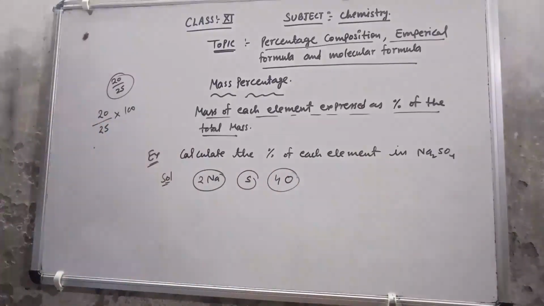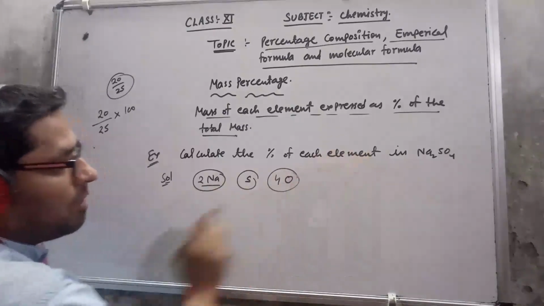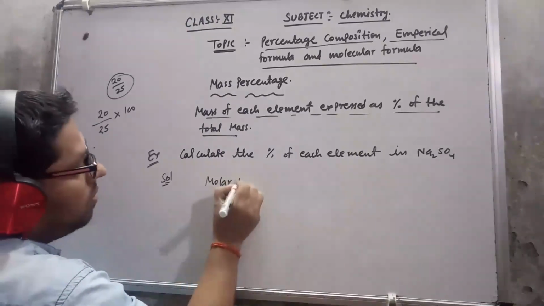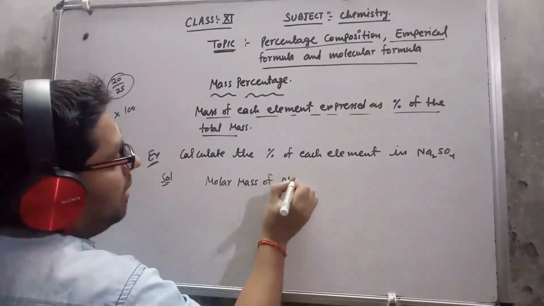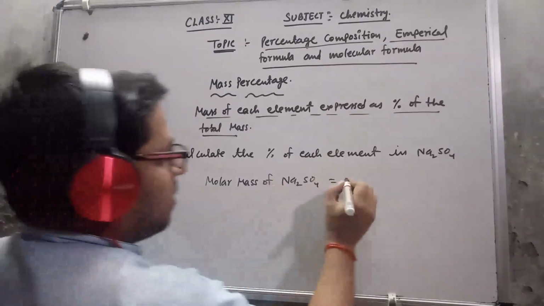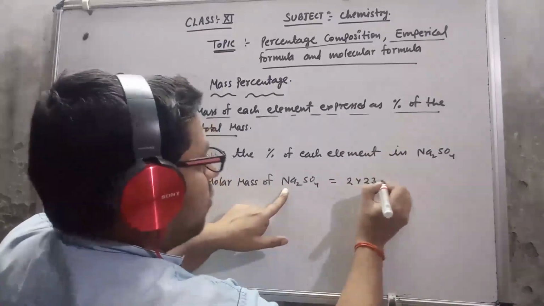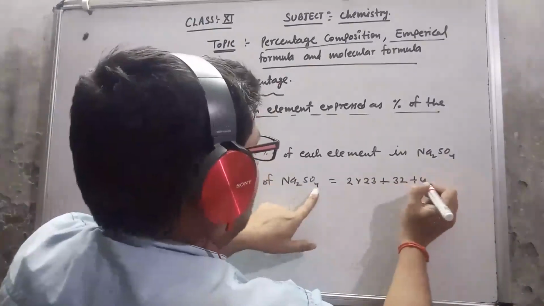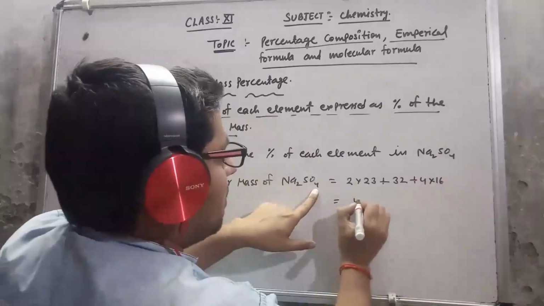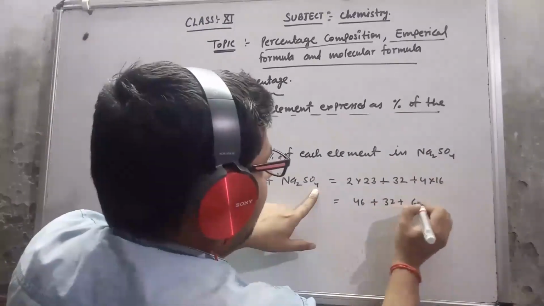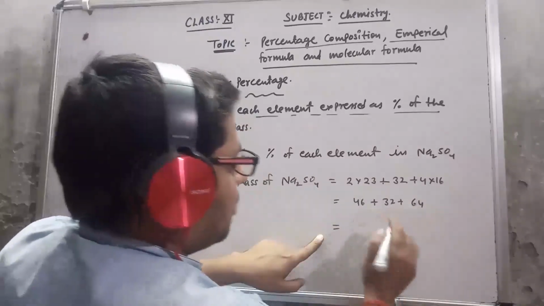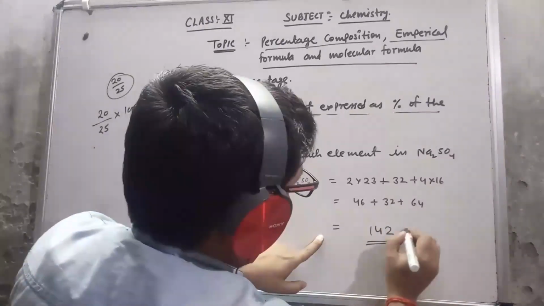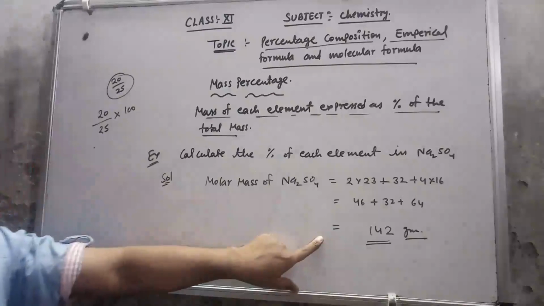The molar mass of Na2SO4 is 2 multiplied by the mass of sodium, 23, plus 32, the mass of sulfur, plus 4 multiplied by the mass of oxygen, 16. That is 46 plus 32 plus 64, which adds up to 142 gram. This is the total mass of sodium sulfate.